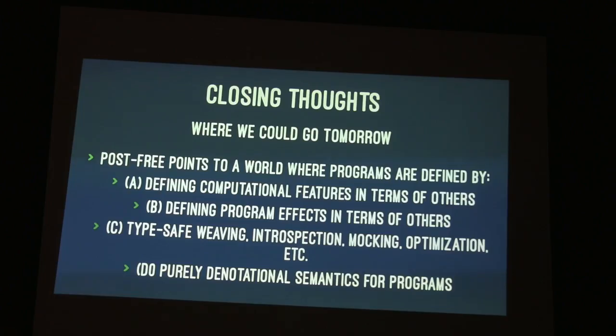And where can we go tomorrow with this? Well, post-free points to a world where programs are defined by computational features, which are defined in terms of other features until you get down to some base set of features on your target platform that it can actually support. And also by defining program effects in terms of others.